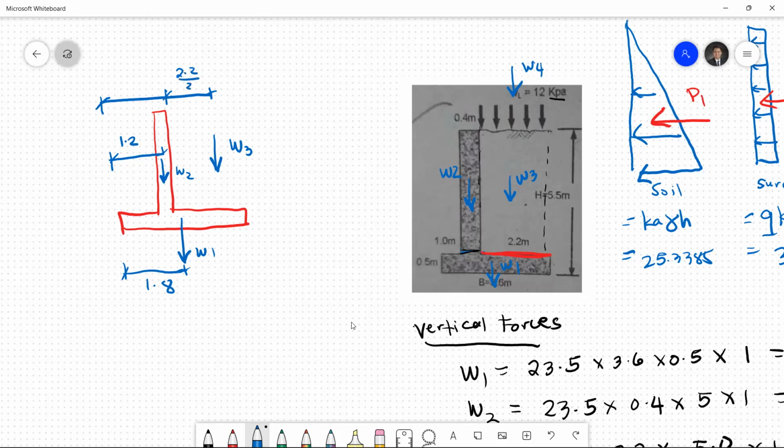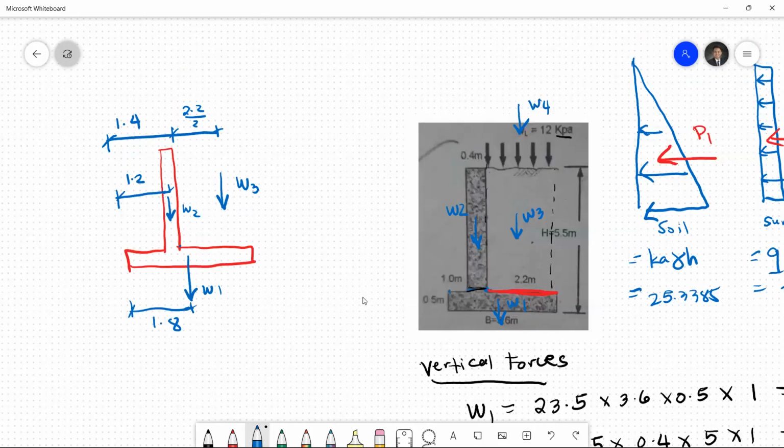Then this is 1.4. Right? So yung distance mula dito hanggang dito is 1.4. You have your 0.4 and 1. And yung centroidal distance ng W3 is acting on the 2.2 over 2 or 1.1 meters. Okay? So that is the distance of W3.